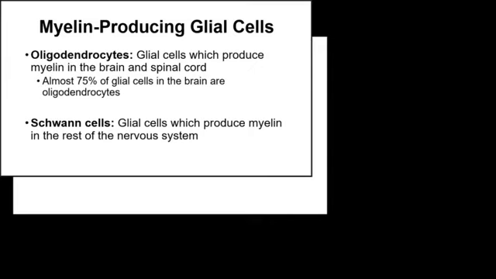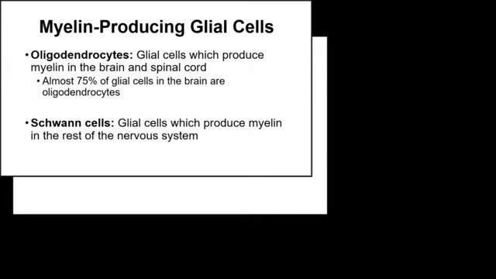All right, so now that we've talked about myelin, we can actually go back and discuss why myelin connects to glial cells. So there are two types of glial cells that actually produce myelin, and they tend to be divided up by type based on where they're located.